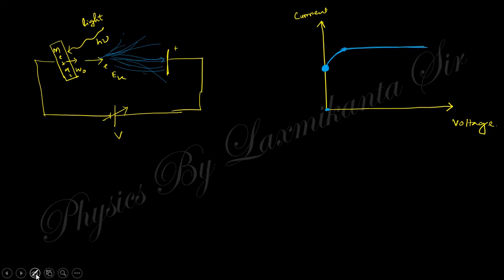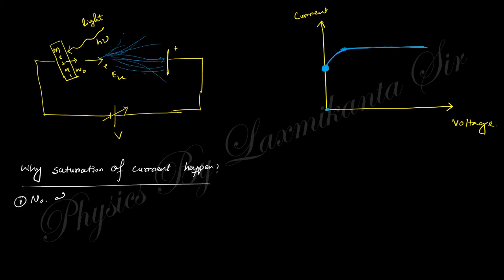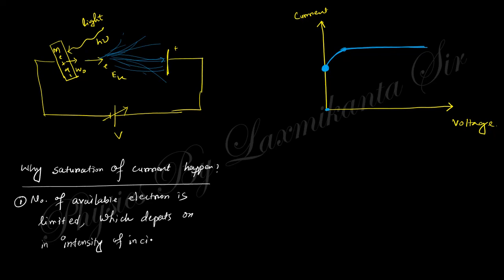So if you ask why saturation of current happens, you can easily say that the number of available electrons is limited, which depends on the intensity of the incident photon.